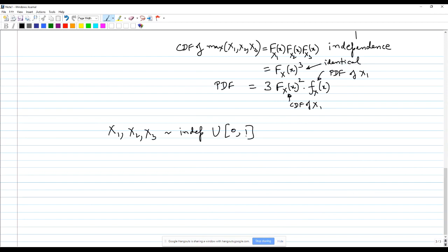That should not matter too much. And he wants to know the probability that x1 is largest. Okay. So he wants the probability that x1 is greater than x2 and x1 is greater than x3. Right? So this is the kind of question that he has.